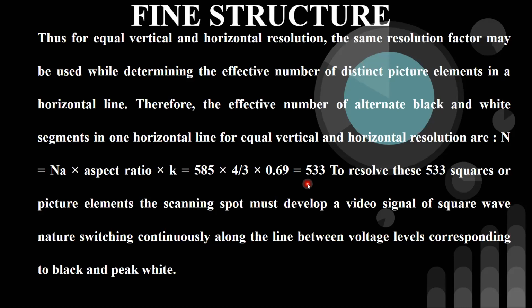So, to resolve these 533 squares or picture elements, the scanning spot must develop a video signal of square wave, which continuously alternates along the line between the voltage levels corresponding to black and white pixels. So that is the way.